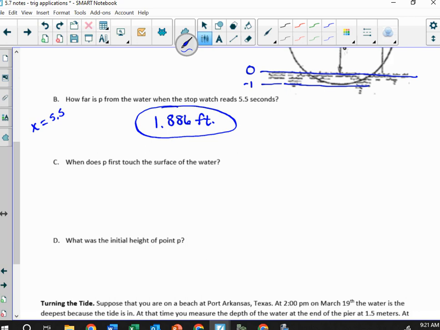Letter C, when does P first touch the surface of the water? You're going to graph that one and look for when y equals 0. So you can graph 2 lines and look for the intersection.